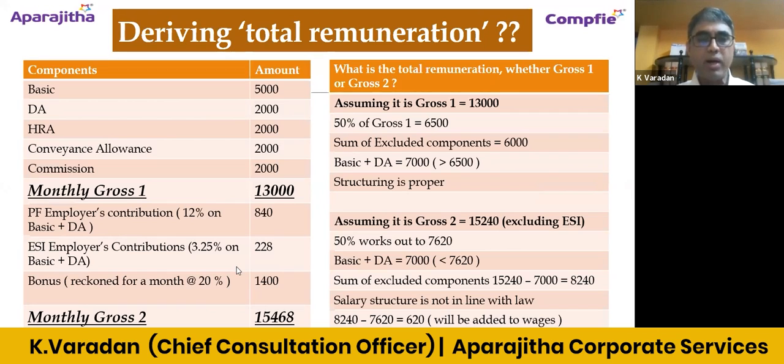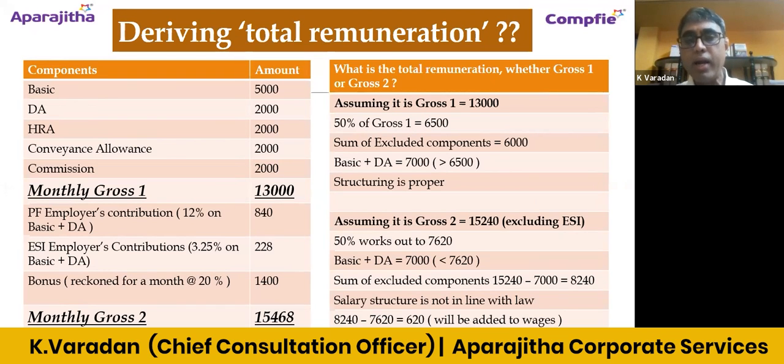Similarly, if you take the second case, 50% of total gross 2 comes to 15,240 because we are not supposed to take the employer's contribution towards ESI. So this 228 I'm not taking. Excluding 228, I'm taking 15,240. Now 50% works out to 7,620, right?